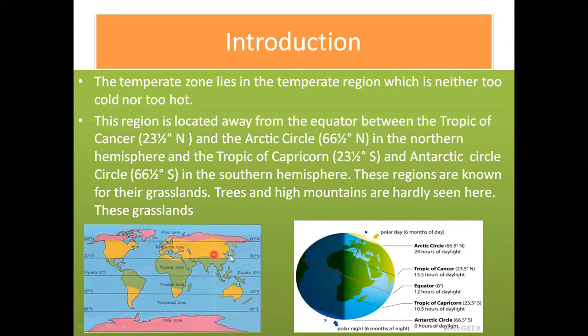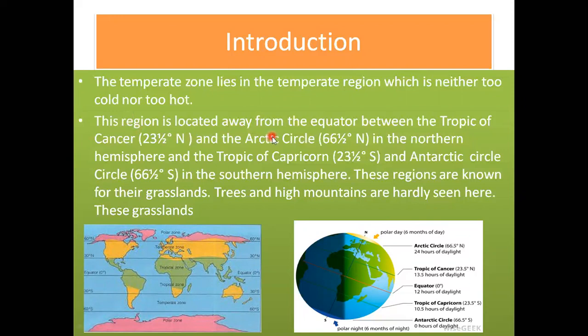See that yellow colored part, no? That is called the temperate zone. Here and here, this part is known as the temperate zone. It lies in the temperate region. In that region it is neither too hot nor too cold.